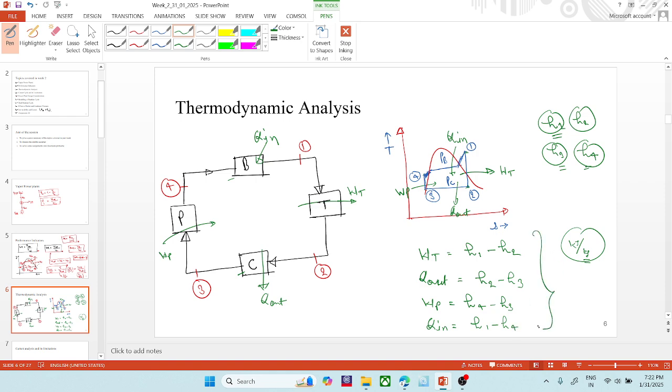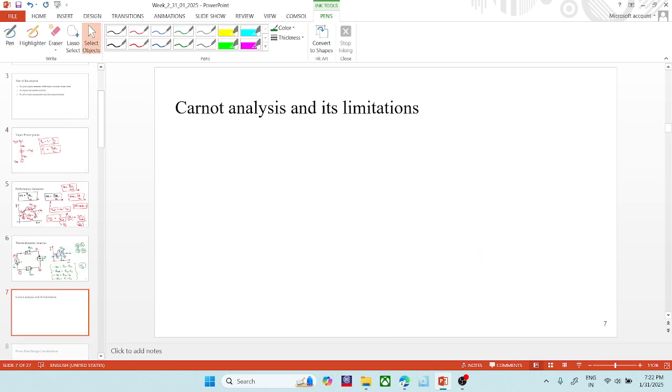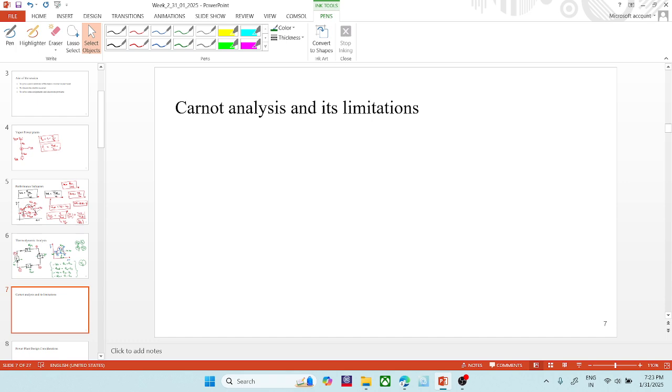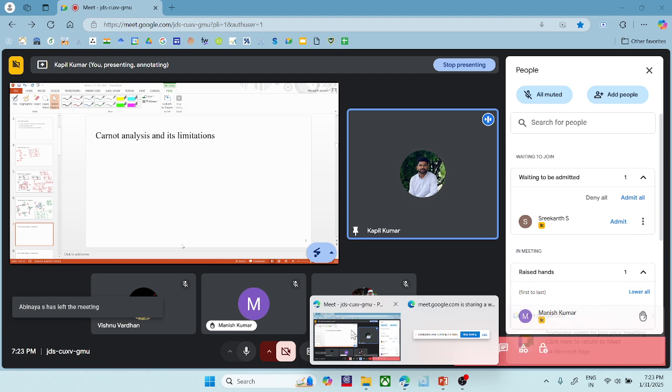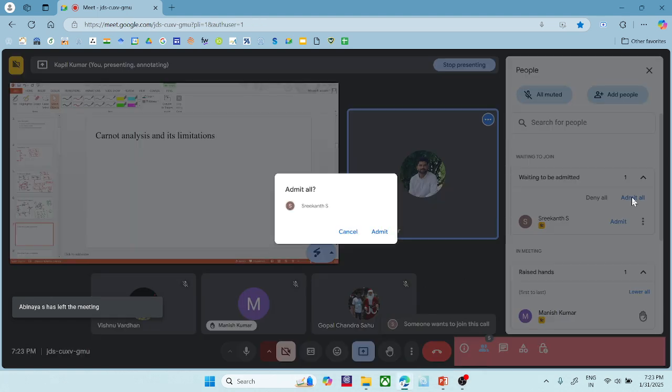So these are the four things: the work done in the turbine, the work supplied to the pump, the heat rejected, and the heat added. We have to determine these four things when we have to assess a vapor power cycle or a Rankine cycle. Then next we have learned the Carnot analysis and its limitations. So it is simple that we cannot adopt. Okay, let me take.